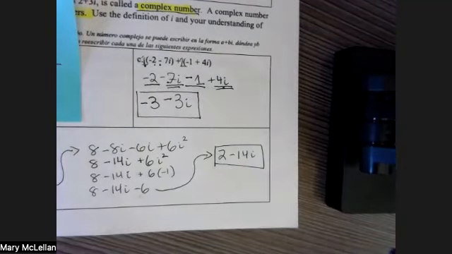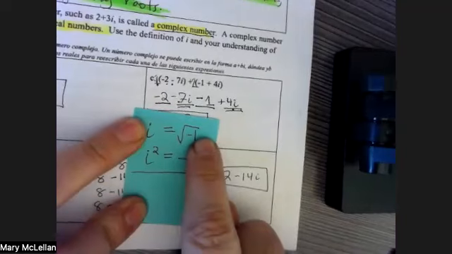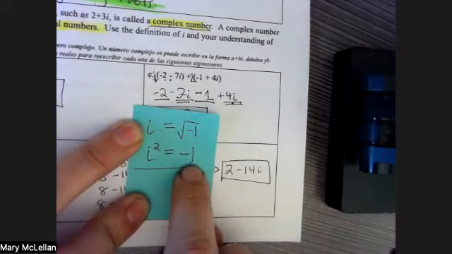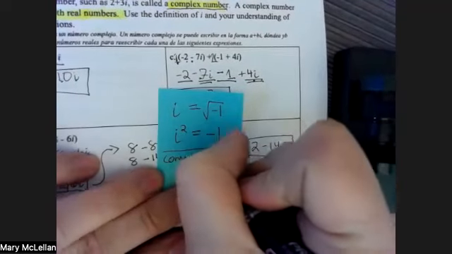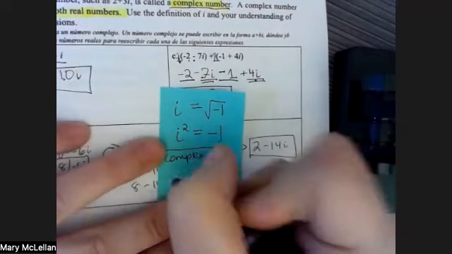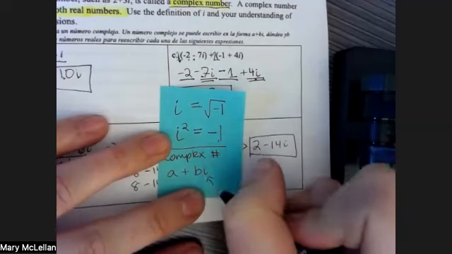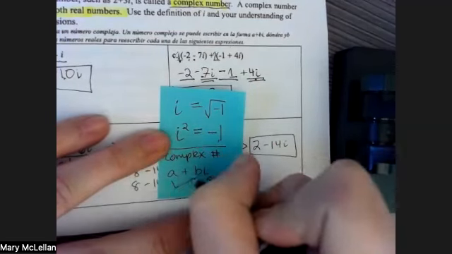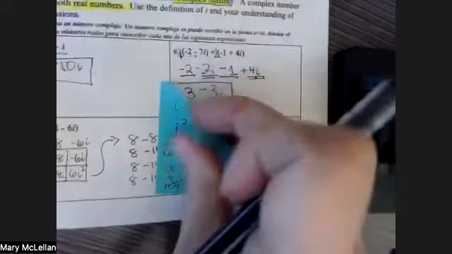Okay, let's go over the most important things we did. Most important thing, definition of i. i is the square root of -1. i squared equals -1. A complex number is written as a plus bi, where i is imaginary and a and b are both real, meaning a and b are numbers that we're used to.